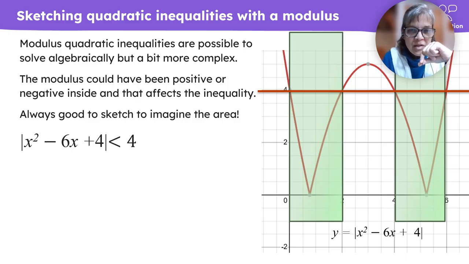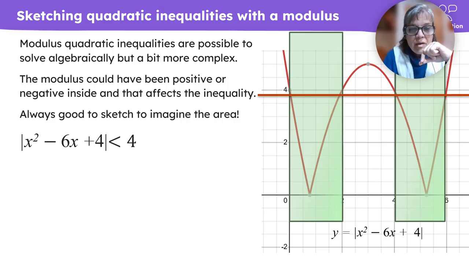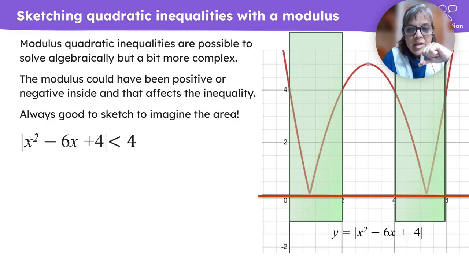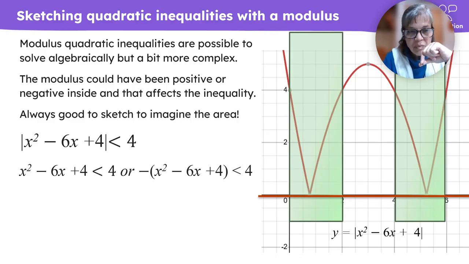So in this particular case, how would we come up with this algebraically? We're looking for two regions that are constrained on both sides. So it's only in this portion that it's going to be less than 4.